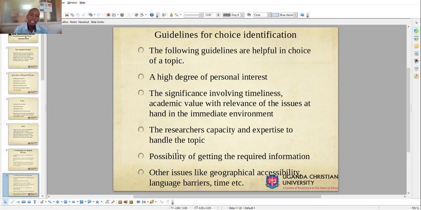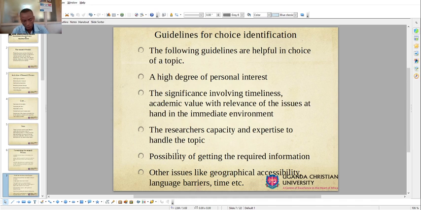So the following guidelines are helpful in choice of a topic. The first is a high degree of personal interest. When you're choosing a topic or a problem, I know you could be having several problems or topics which come into your mind, but please pick the one for which you have interest.